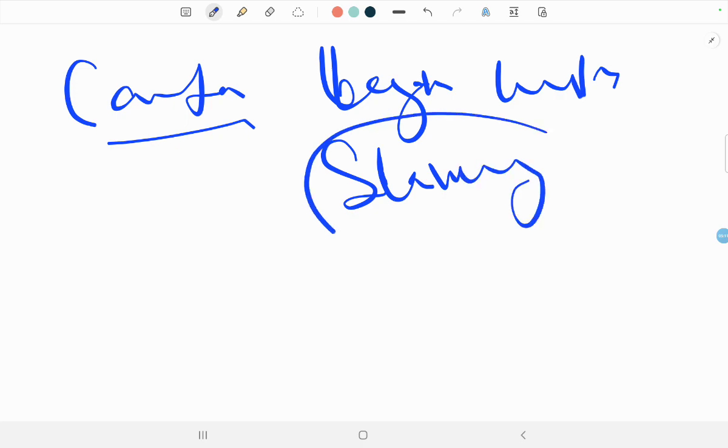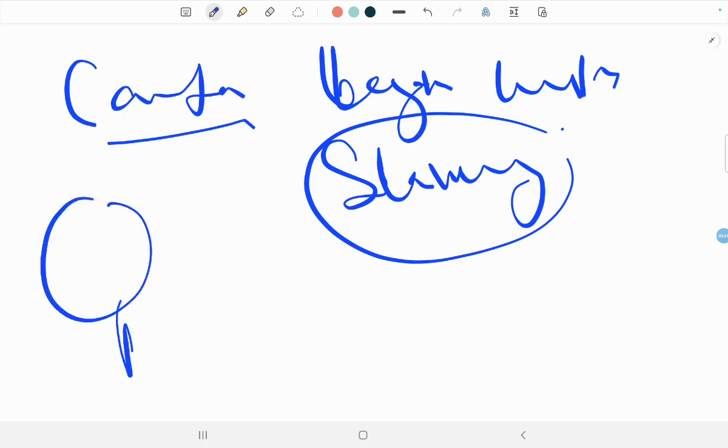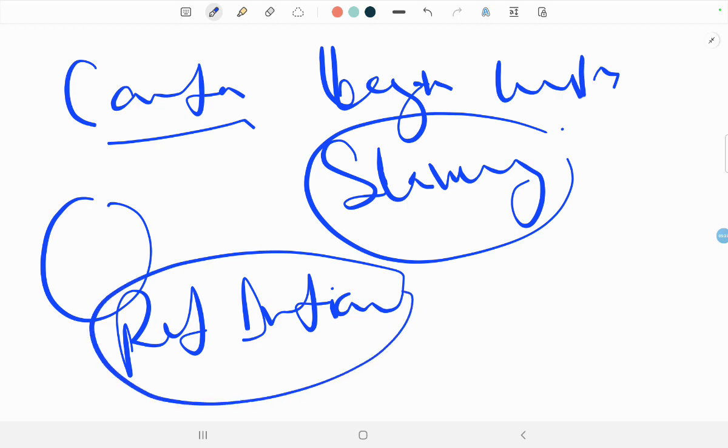There was slavery in Canada after Columbus came to North America, and they called the people here red Indians because their skin was red at that time. He was actually looking for India, but he could not find India, but he found America, and they called the natives of North America red Indians because of their skin color. So Canada began with slavery.